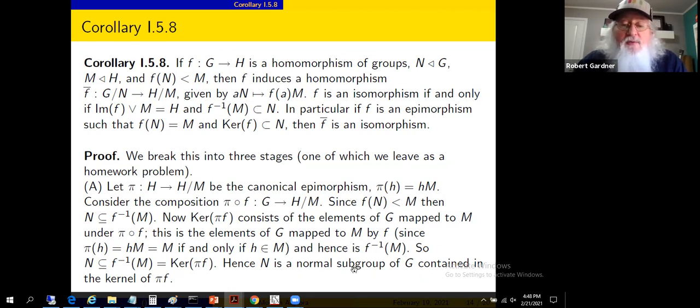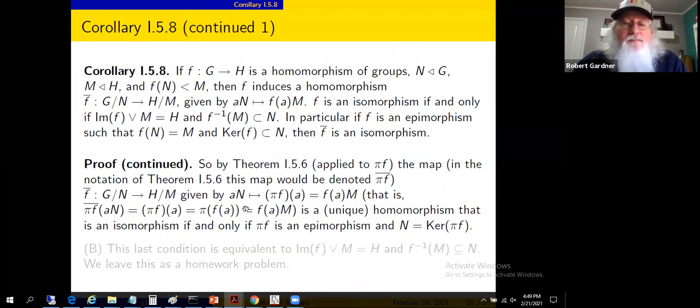So N itself is a normal subgroup of G contained in the kernel of pi f. We actually had N as a normal subgroup of G as a hypothesis, didn't we? So N is a normal subgroup by hypothesis, and it's contained in the kernel of pi f, as we just showed. So let's see, is that the first claim?